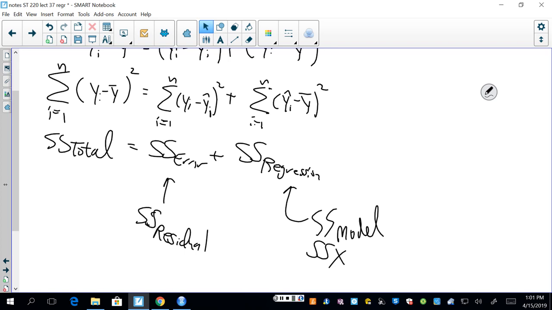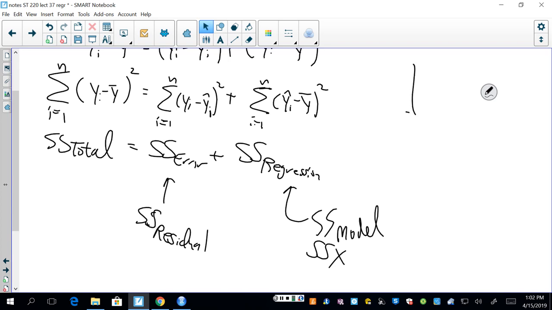If the model is changing in a steep way, so that the y hats are changing very fast with x, then this will be big. If the model is almost flat, and there's not much difference in predicted y as x changes, then it'll be small.